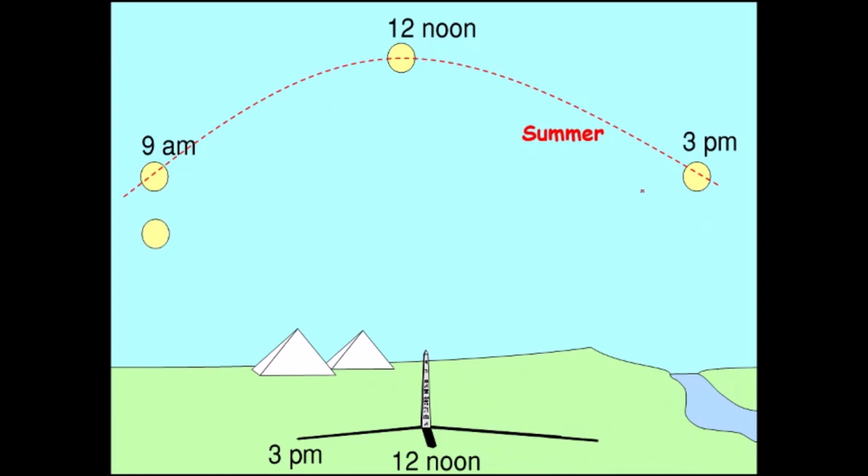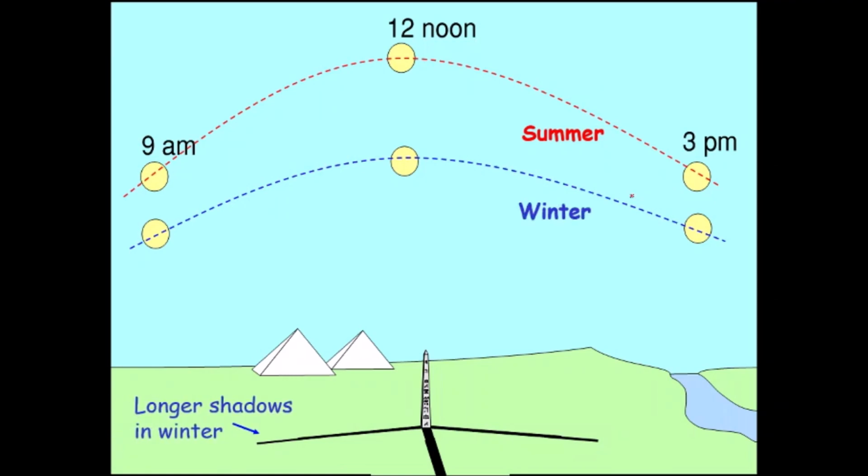Whereas in winter, if you have a look at the next dotted line, there are longer shadows in winter. Do you see how when the Earth rotates around the sun, it's actually lower? Okay, there's not much sunlight, and that's why we have more shadows in winter.